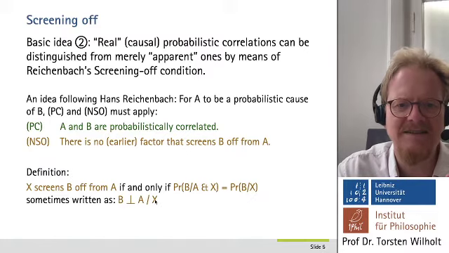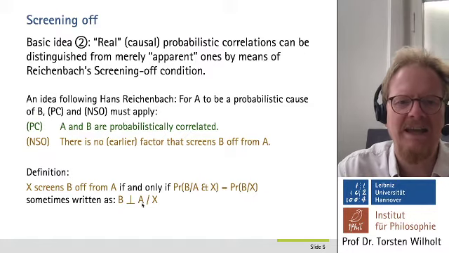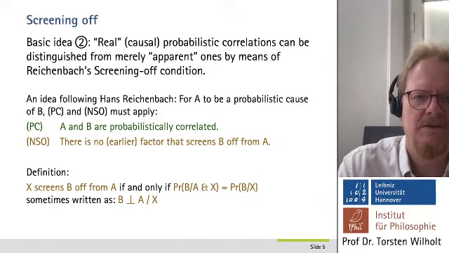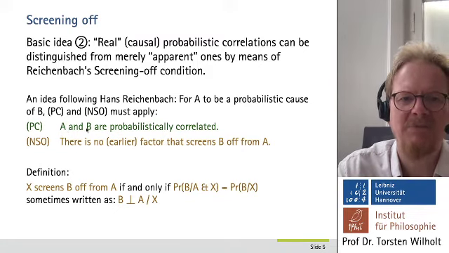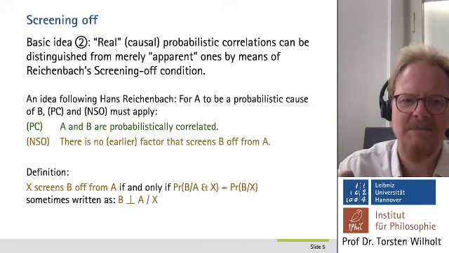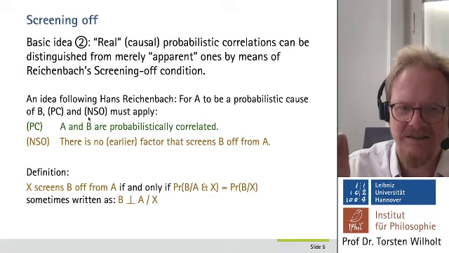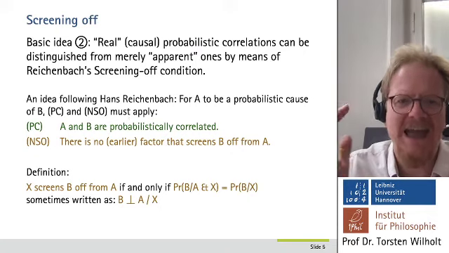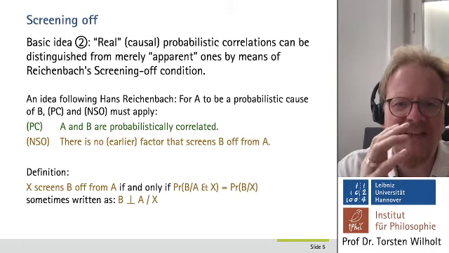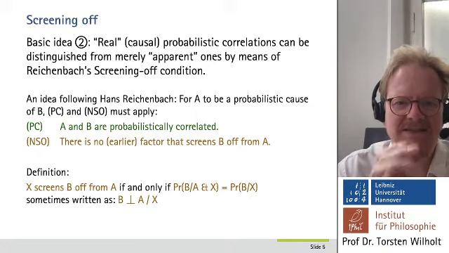So X is screening B off from A. Or in other words, B and A are probabilistically independent given X. So the idea is, unconditionally, A and B are probabilistically correlated, so they are not probabilistically independent. So the probability of B given A is certainly different from the unconditional probability of B. But if you fix X, if you view everything conditional on X, then the correlation between A and B disappears.